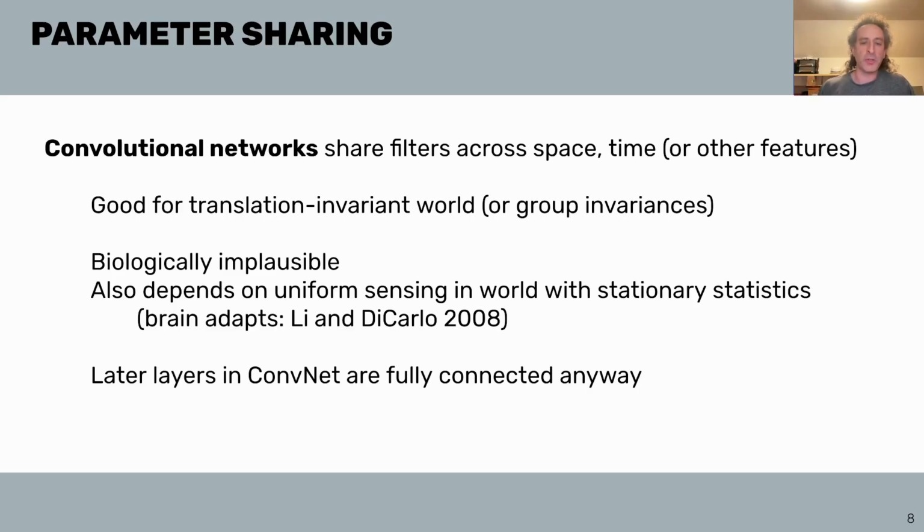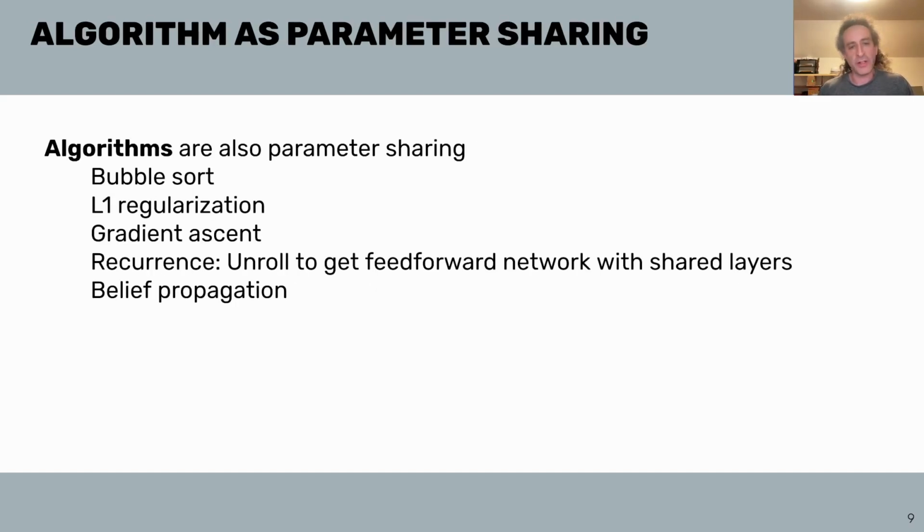So we need to look more deeply for notions of parameter sharing that will apply across all these systems. And one very general notion here is the idea of an algorithm as parameter sharing, a kind of symmetry. That is, you're doing the same computation for all sorts of different inputs. So if you think about classic algorithms in general, you might have a bubble sort or an L1 regularization, or even gradient descent and recurrence, belief propagation.